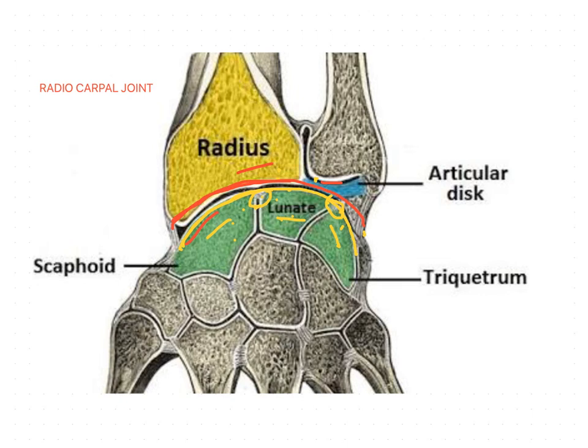So because of this incongruence, the contact between the articulating surfaces is very minimal. That means only 20% of the radiocarpal surfaces is in contact, with a maximum of 40% of available surfaces in contact at any one time.